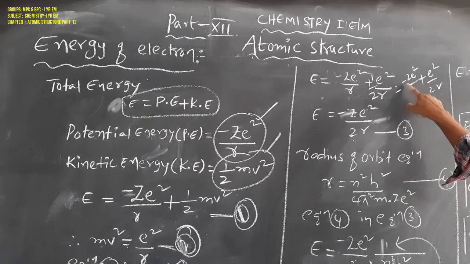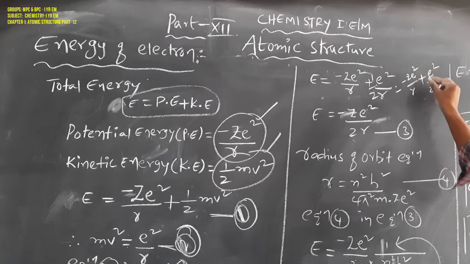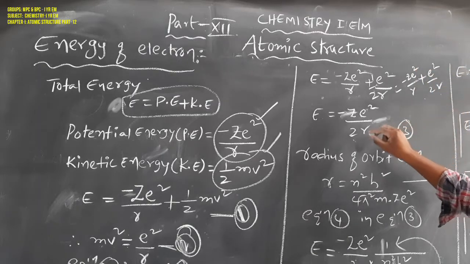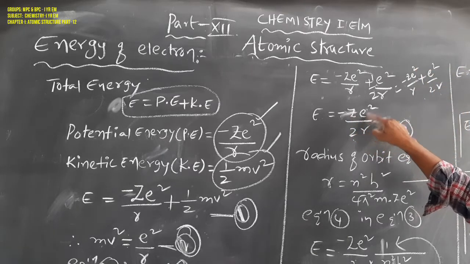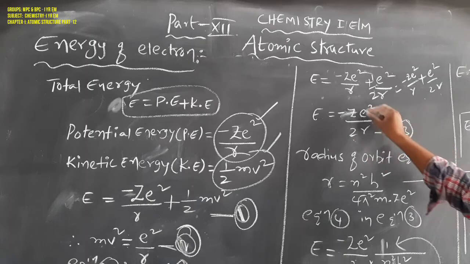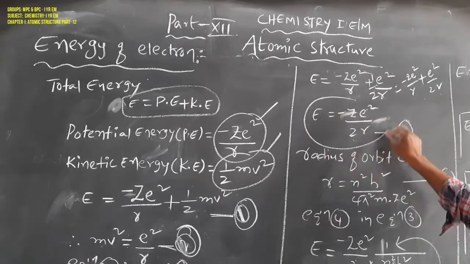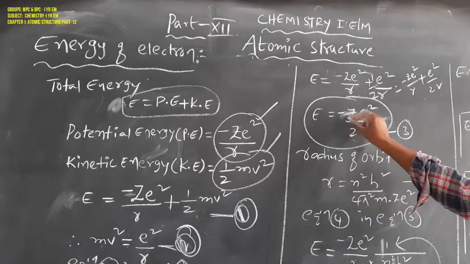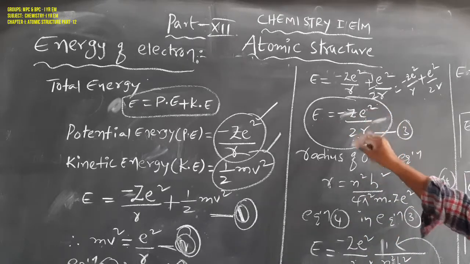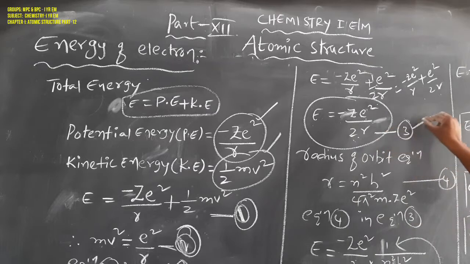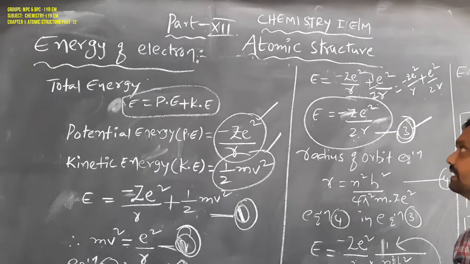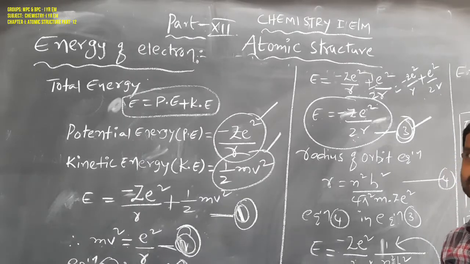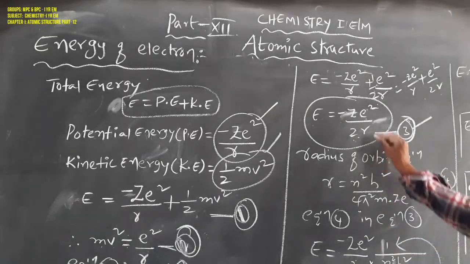So minus 2Ze² plus e², then that is minus Ze²/2r. So on taking the LCM we get the total energy E is equal to minus Ze²/2r. Let this be equation 3.